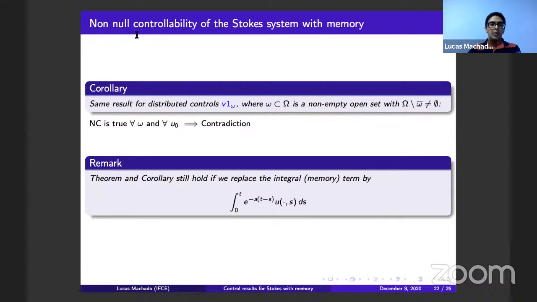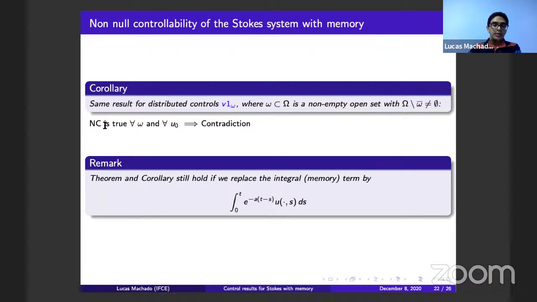Here we have that the same result of lack of null controllability for the Stokes equation with memory can be obtained when considering distributed controls.